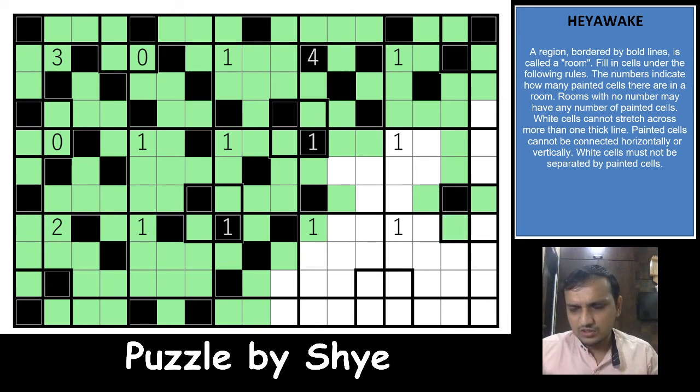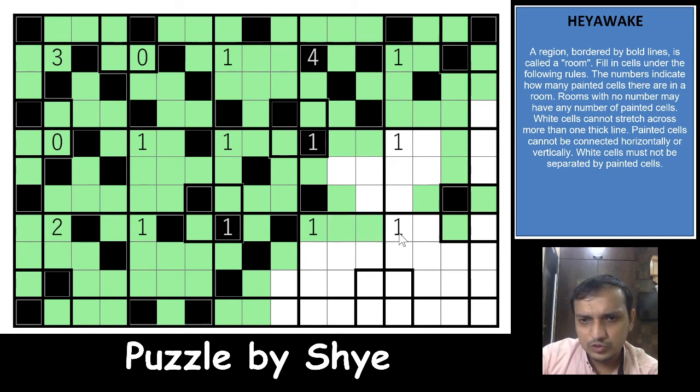This unshades this cell as well. Anything that you are missing again? Okay, again the same logic here, but I'm not sure if that is helping us, because if you see the ones here, 2 ones, all of these 4 cells cannot be unshaded.